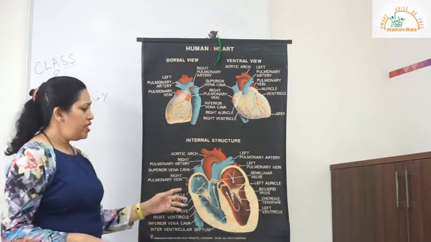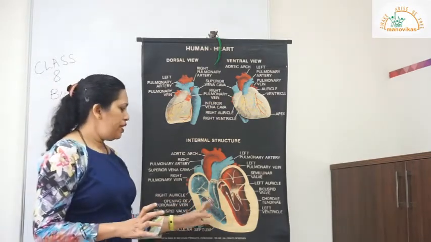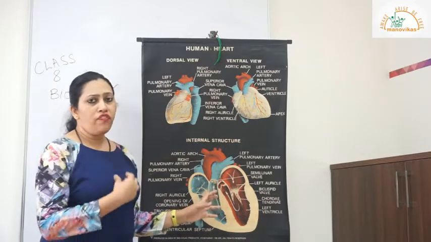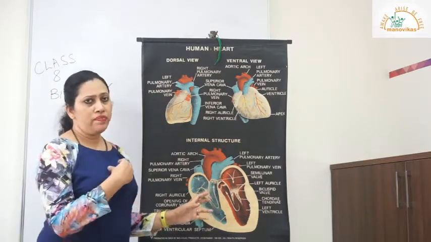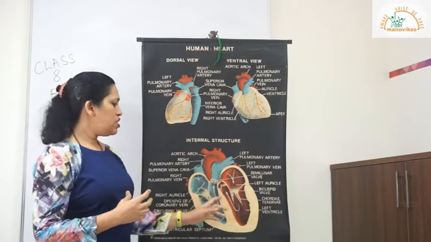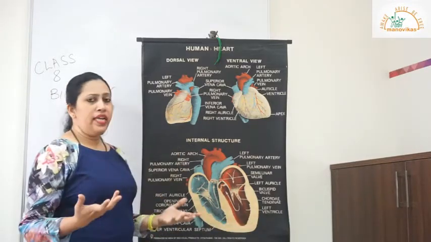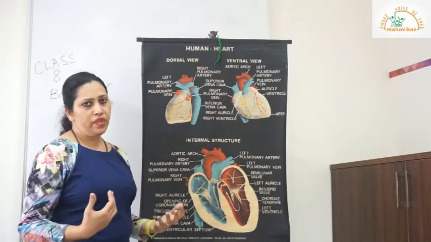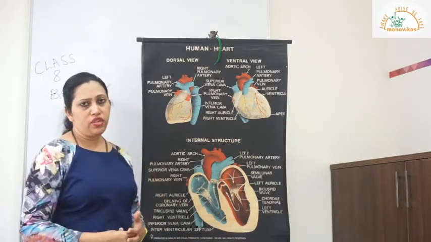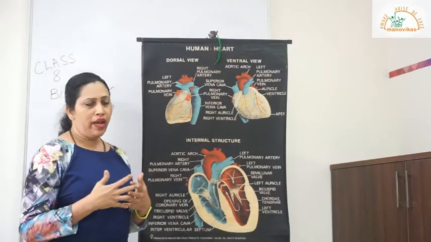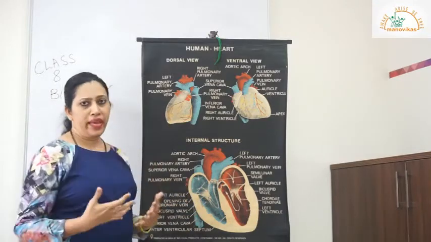Now the heart, as we have already told you, is in the center of the chest or thorax, but because it is tilted towards the left side, many people say it is on the left side of our body. It is actually situated in the center of the body, protected well by the pericardium as well as the rib cage.